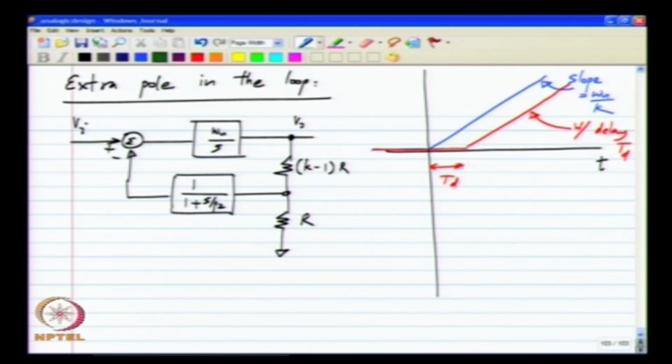And finally, if you have an extra pole P2, what happens is that you will also have something like this, and the response slowly rises, but eventually it will settle to a slope which is the same as for the other cases, it is equal to omega u by k. The slope is omega u by k and it is shifted horizontally by an amount that depends on the pole, and in fact it is exactly equal to 1 by P2.